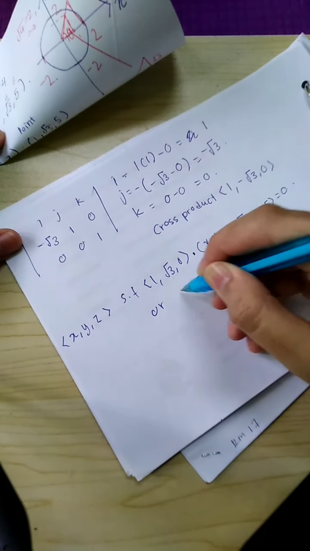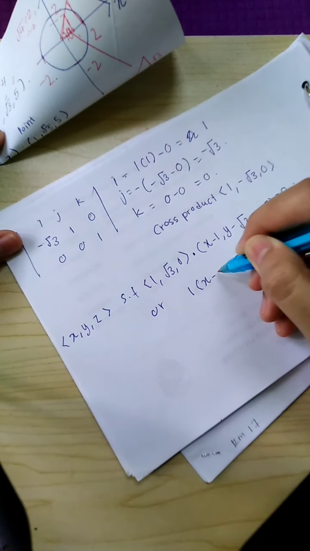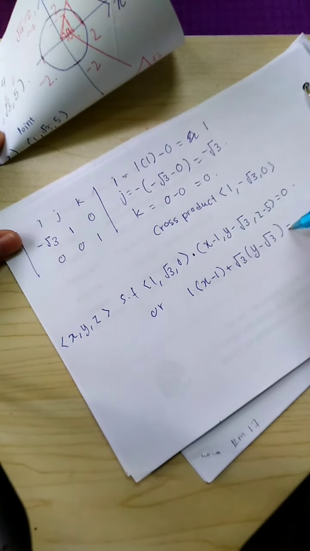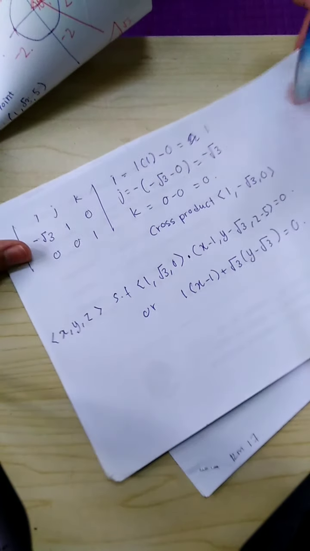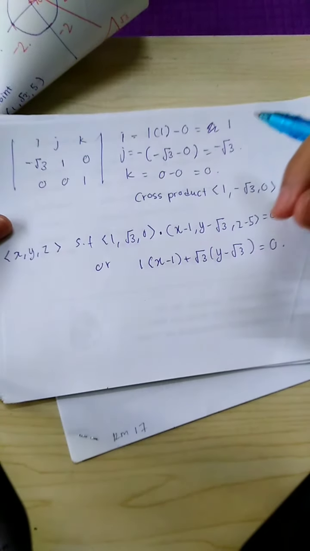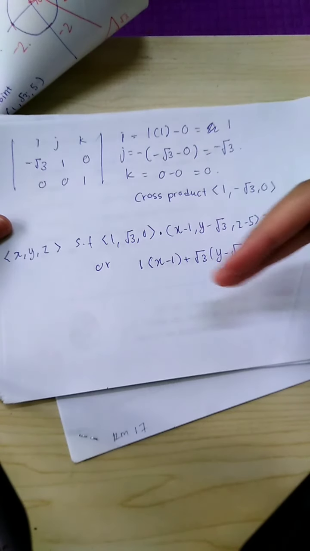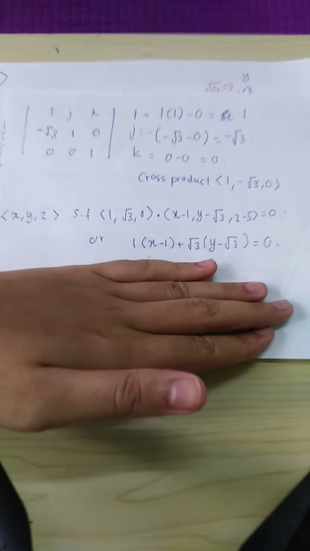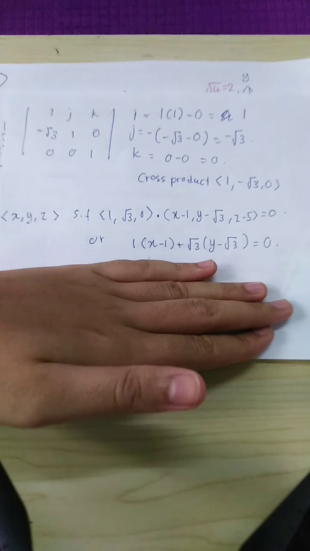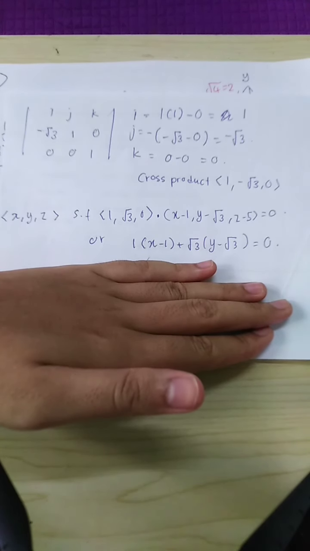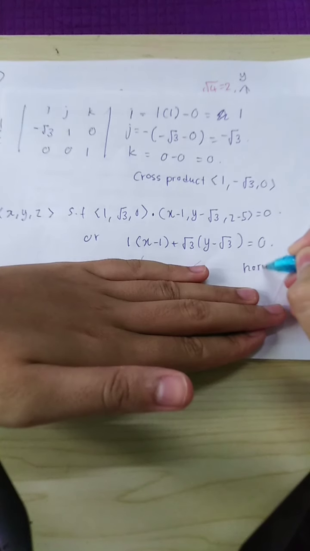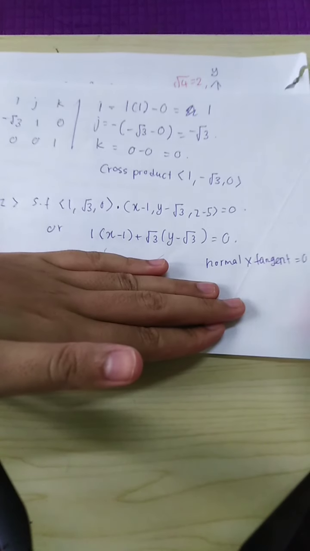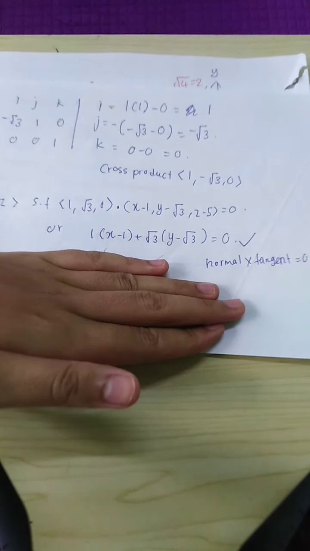Or we can write it as 1 times (x minus 1) plus 3 times (y minus 3) equals 0. Basically it is the difference between the point and the point where x equals 1 and y equals 3. We multiply the tangent plane vector and the normal, because when the normal is dotted with a tangent vector we get 0. So this equation makes sense.